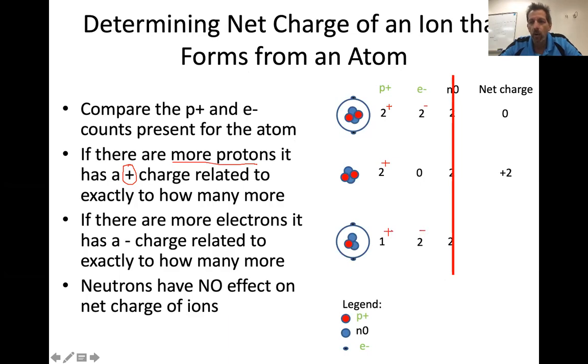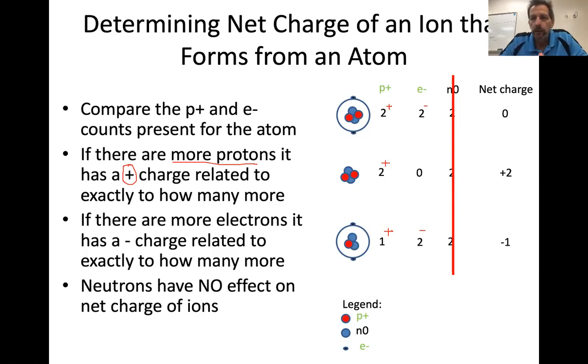The negatives outweigh the positives by 1. So here is our statement: if there are more electrons, which there are 2, it has a minus charge related to exactly how many more. There's 1 more, so it inherits a charge of minus 1. And this is how we think about comparing the parts to determine an overall net charge.